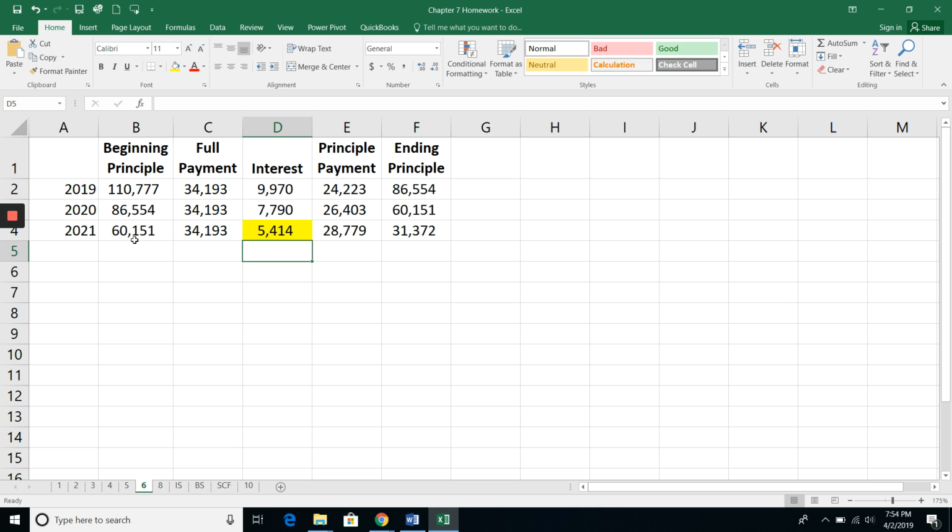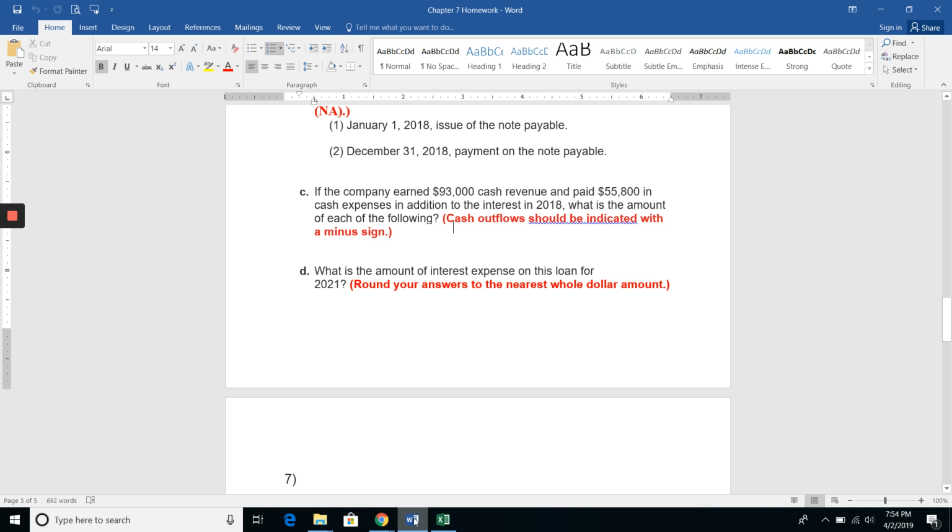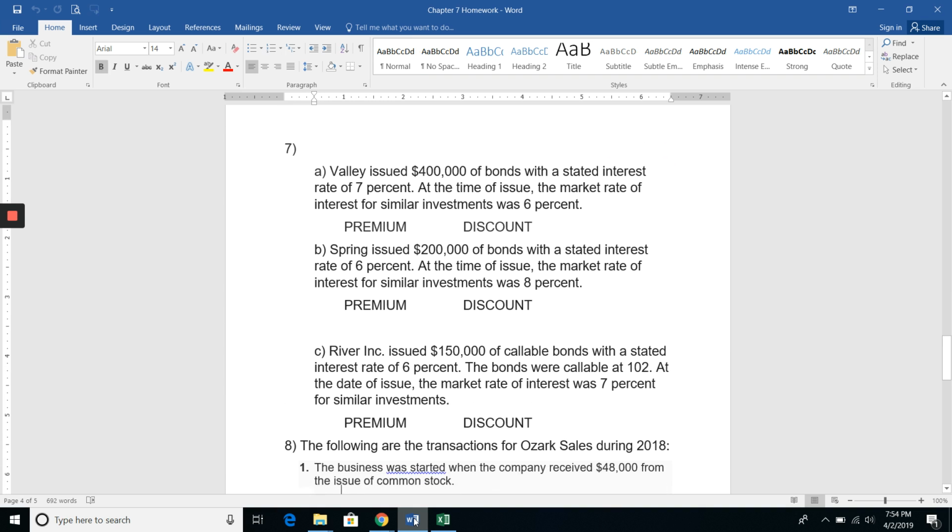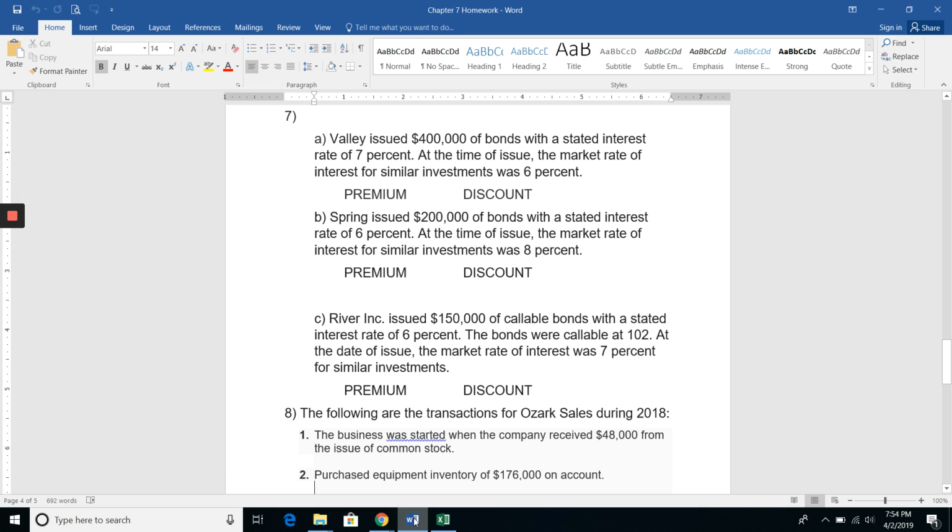All right. Let's then take a look at question 7 on the homework. Let me toggle over to that. For that particular question, we have 3 different scenarios that we're looking at, and we need to determine if there's a premium or a discount.